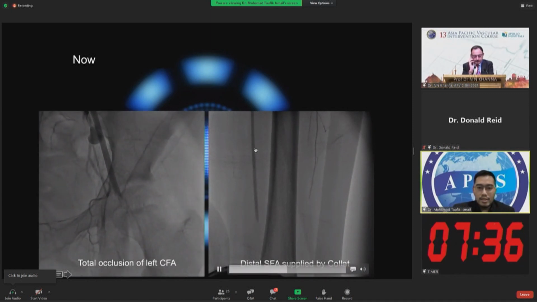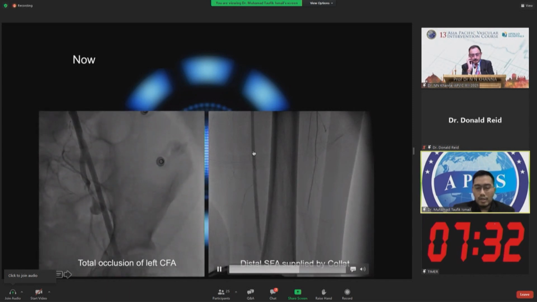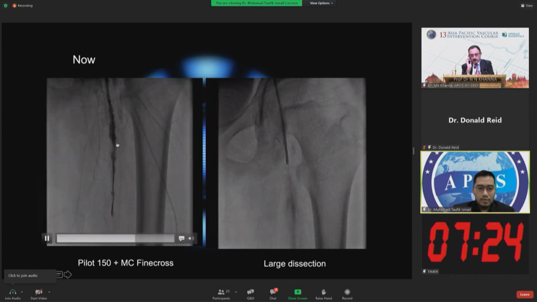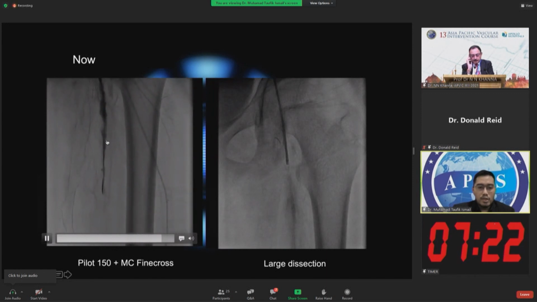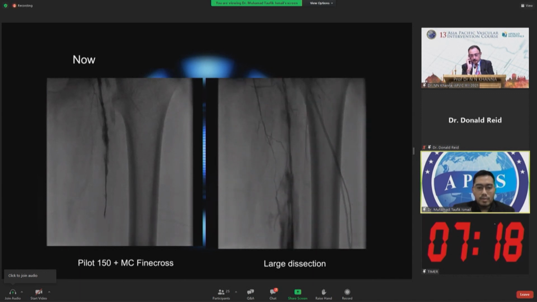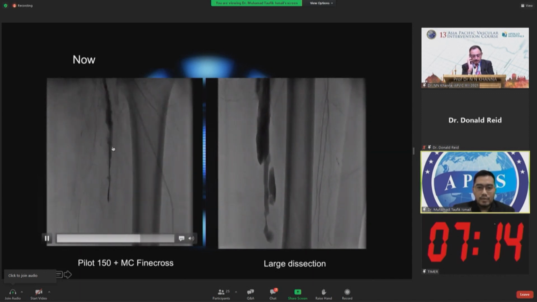But we can still see the distal SFA flowing from the collaterals. The other operator performed angioplasty using Pilot 115 and a backup microcatheter, Fine Cross. But we can see this dissection here.